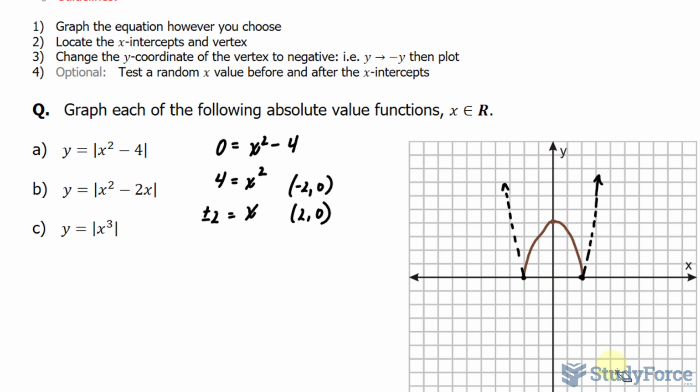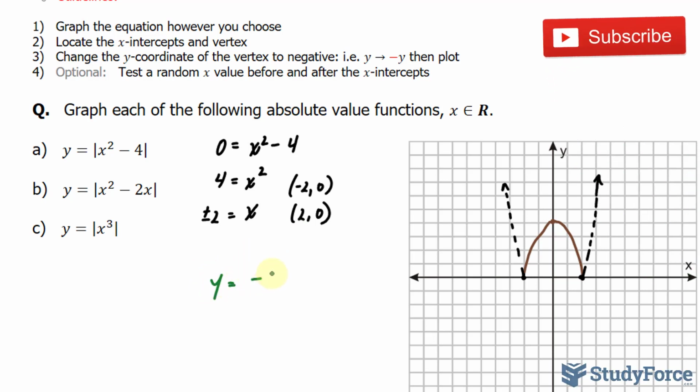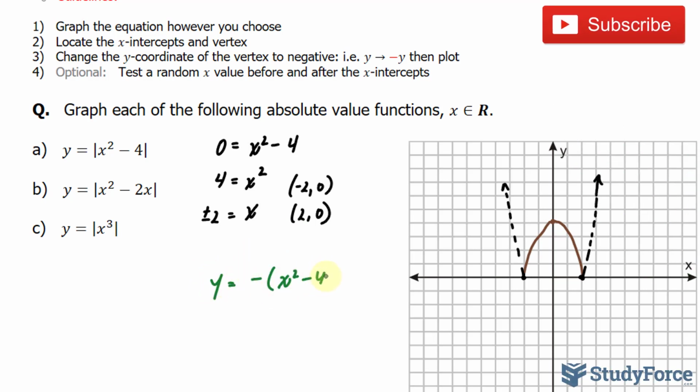Now there's a reason to all of this. Of course, you don't just follow guidelines without really understanding why they're there. The reason why we change the y-coordinate of the vertex to negative is because what we're actually supposed to do is make this part negative, because in absolute you have two versions. You have the positive version, which is the one that I solved, and there's also the negative version, like this.